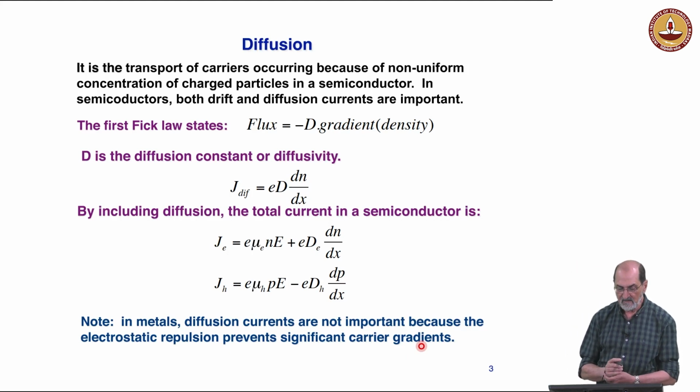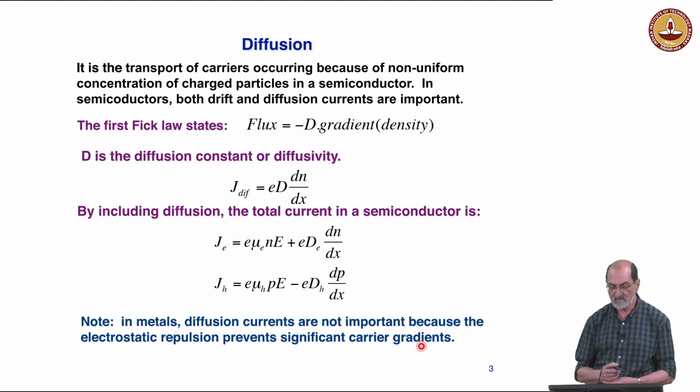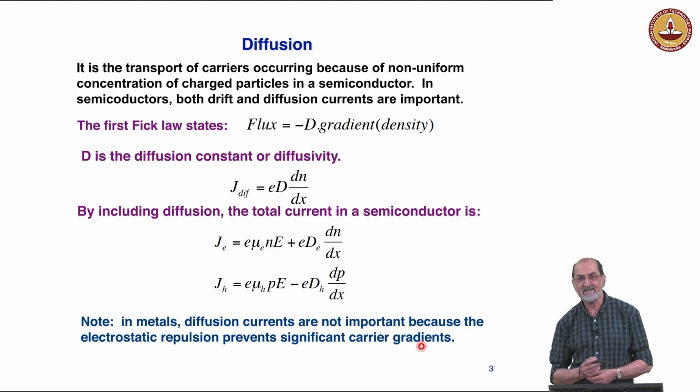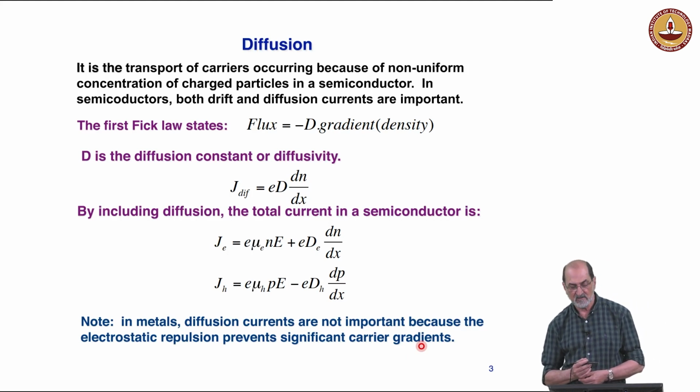Okay, Fick's first law for diffusion states that the flux of whatever we have is proportional to the gradient in the density of what diffuses. The gradient is a derivative, essentially.